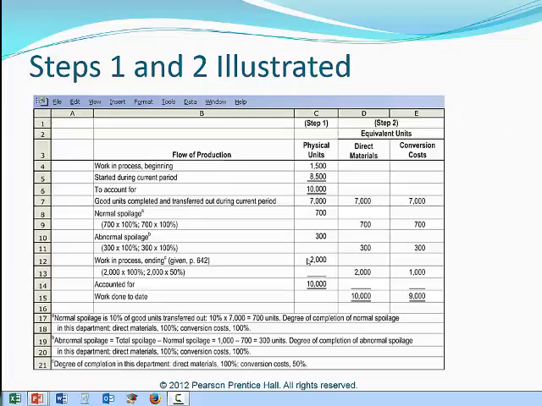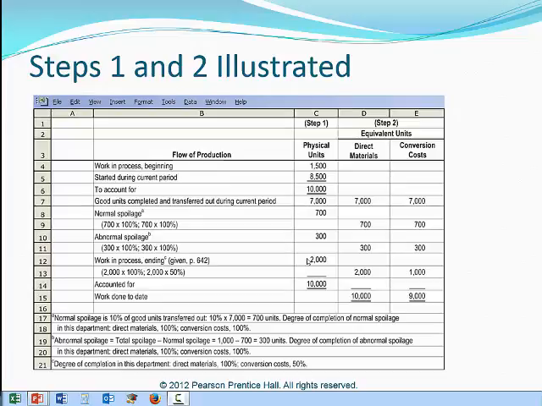Alright, so 7,000 was the quantity for our good units. If you take 7,000 and multiply it times 0.10, then you find out that the normal or expected spoilage for 7,000 good units would be 700 units of normal spoilage. Okay, so 700 physical units are considered normal spoilage.